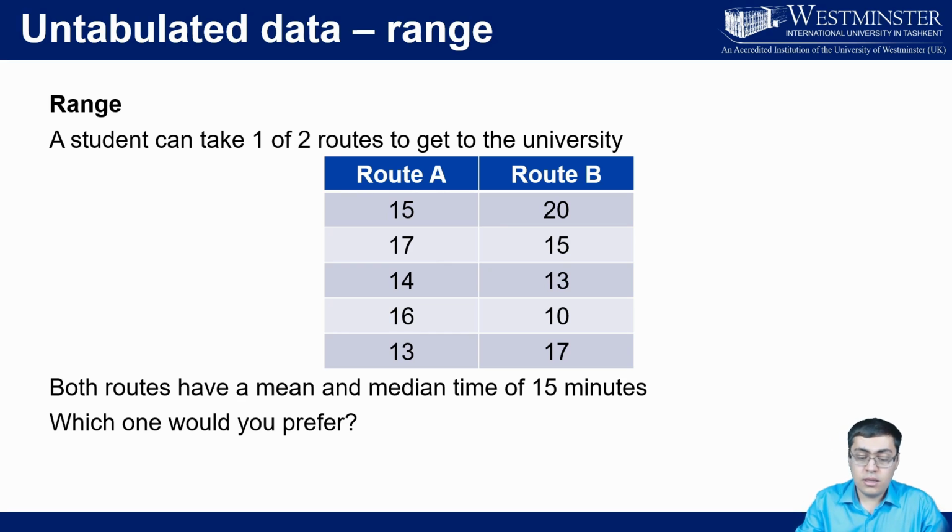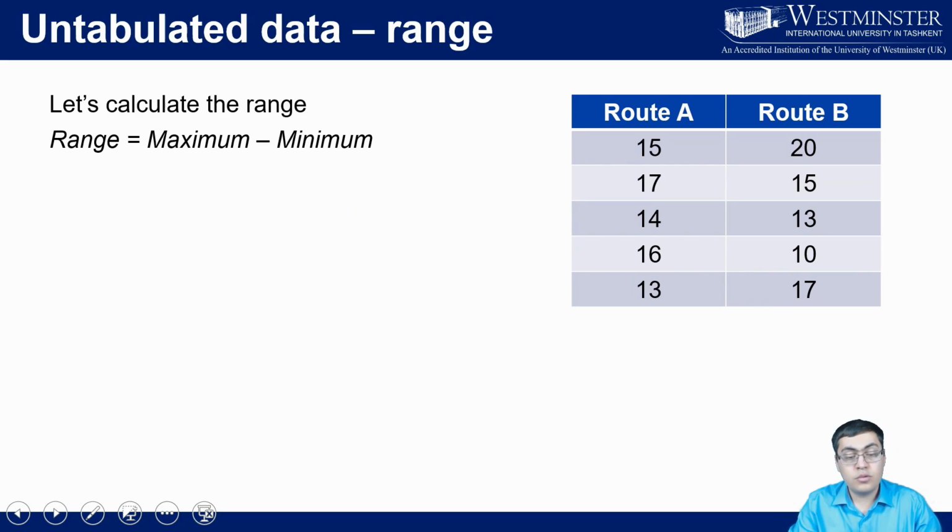So what we do is we take the range of both of these routes to show us which one is less dispersed and more preferable than the other. So to calculate the range, all I do is figure out what the maximum and the minimum values that I have for my data set, and then I take their differences.